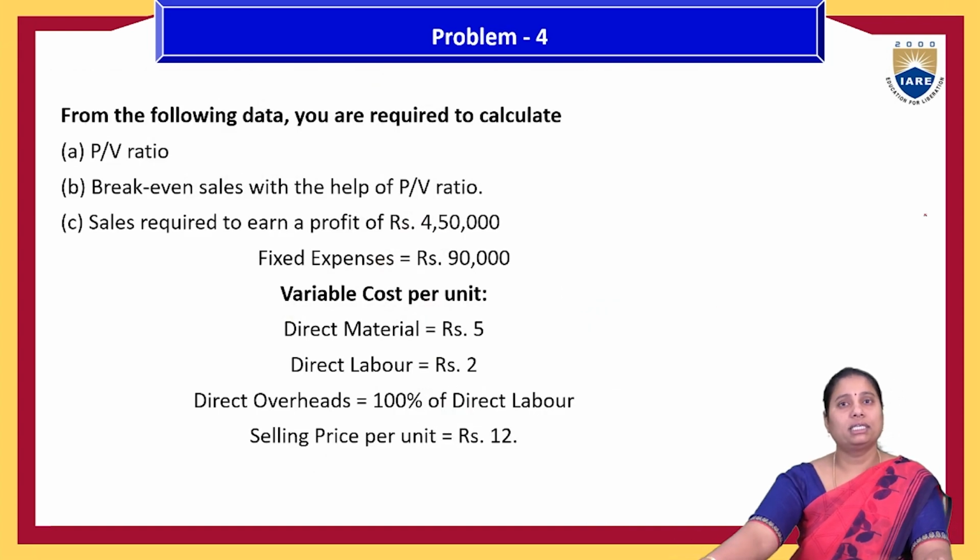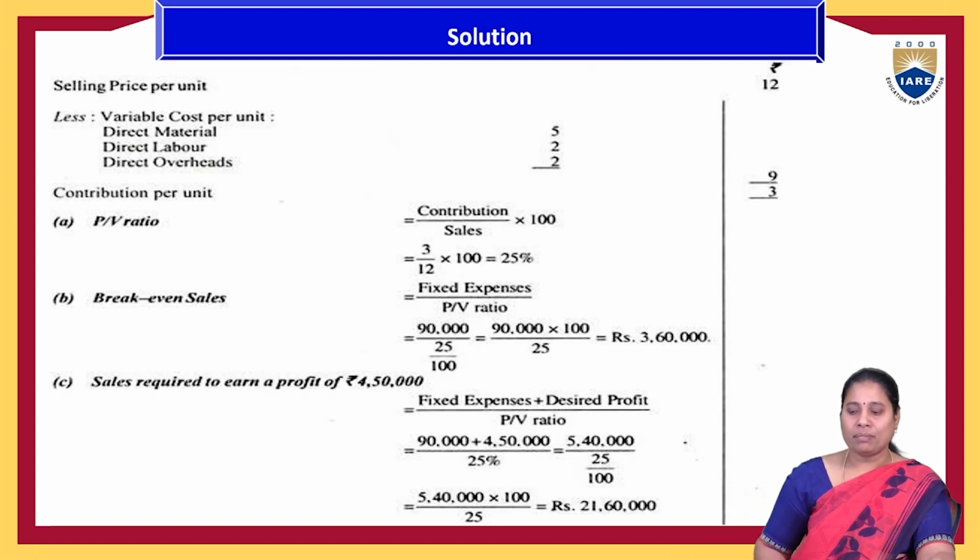The next thing is, from the following data, you are required to calculate P/V ratio, break-even sales with the help of P/V ratio, and sales required to earn a profit of 4,50,000. Fixed expenses are 90,000, variable cost per unit is direct material 5 rupees, direct labor 2 rupees, direct overheads 100% of the direct labor, and the selling price per unit is 12 rupees.